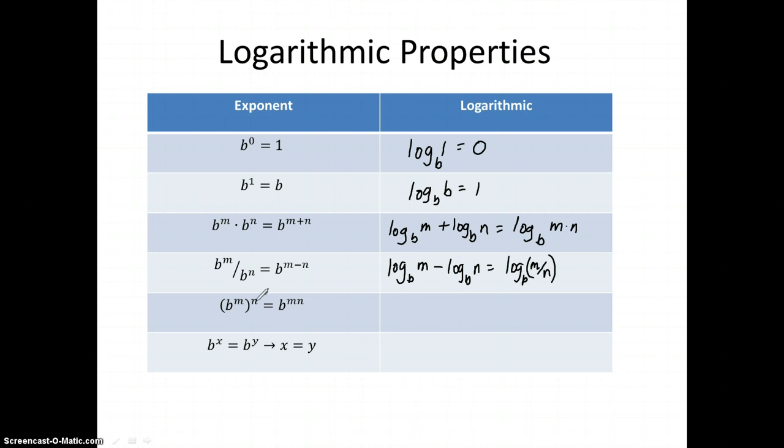Well, when we raise a power to a power, we multiply the powers. So the way that looks in logarithmic form is the log base b of x to the m is going to be equal to m times log base b of x.